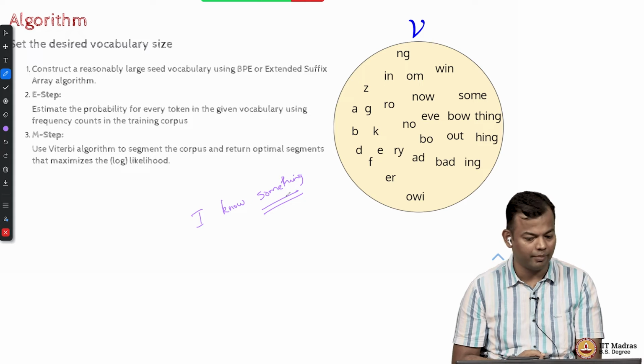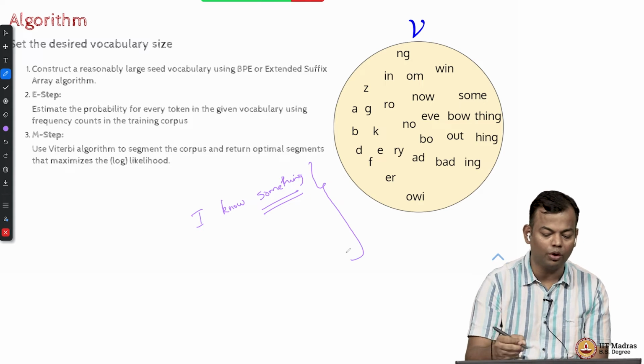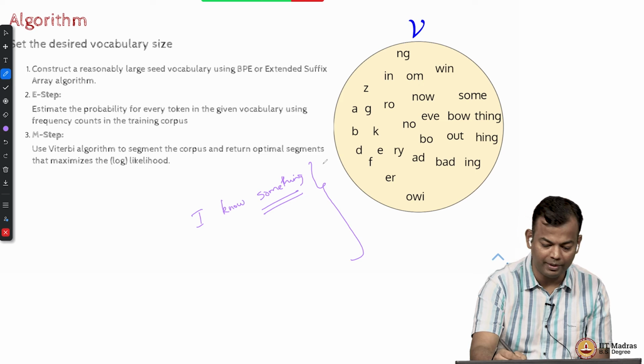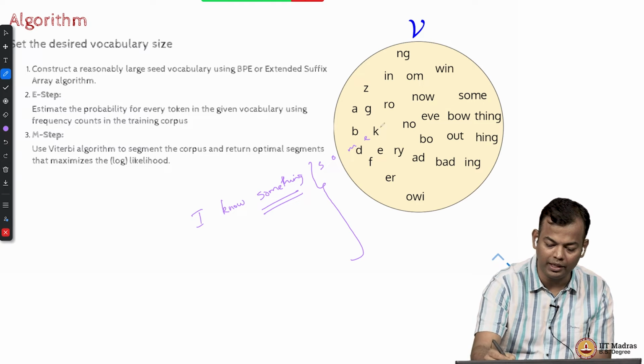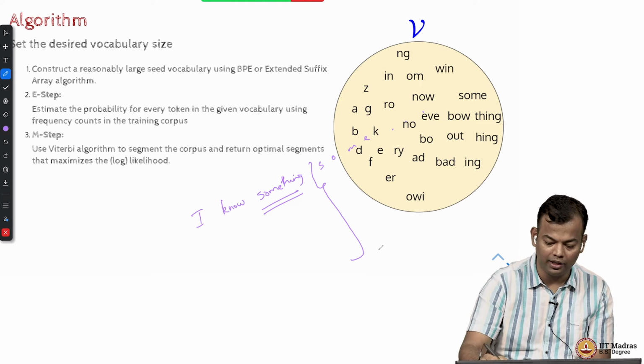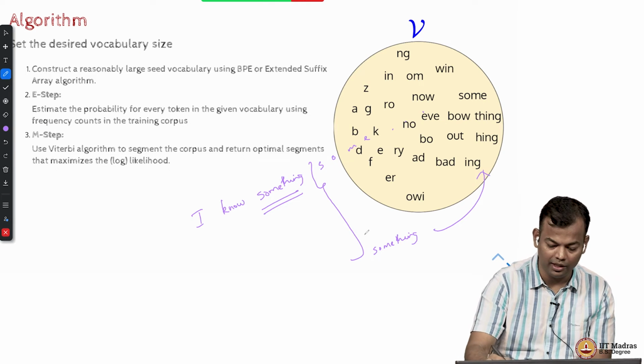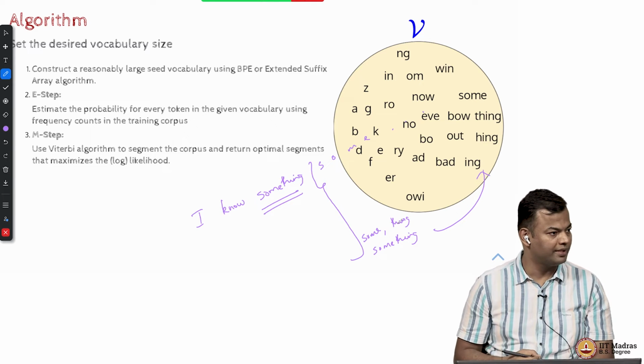How do I compute the best segmentation? I can just enumerate all the segmentations possible for something. The simplest segmentation is S, O, M, E, each character. Then something as a whole word is another segmentation, provided something is in the vocabulary. Then some comma thing is another possible segmentation.